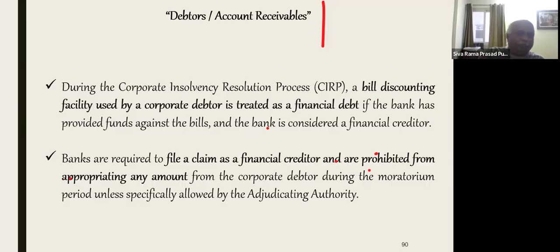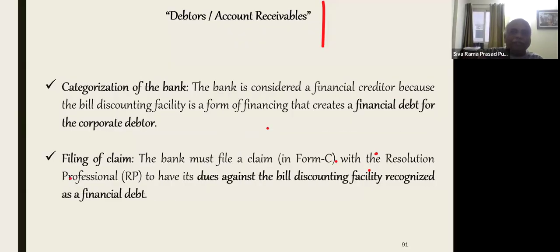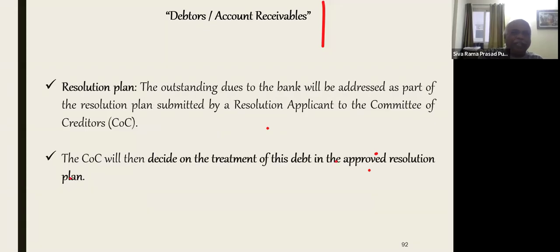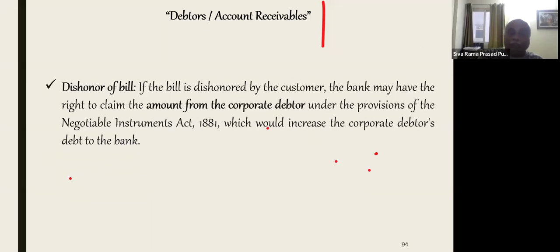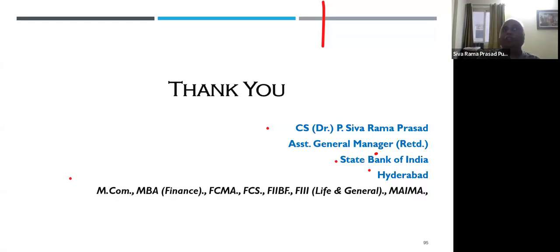So this is also like factoring. The bank files the claim, the categorization, the resolution plan, all these things are similar to factoring with recourse. So why have I discussed this concept today? Debtors or account receivables are one of the major assets.